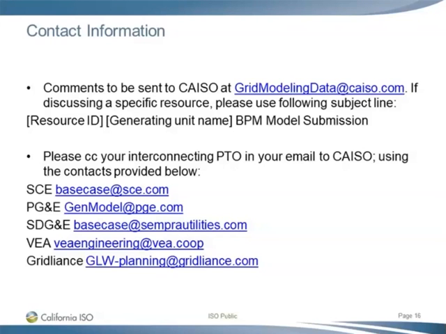This is a known problem that has been well studied and occurred in Arizona. So this is nothing new. It's not related to IBRs. It's purely a mechanical problem that can occur near series compensated lines.